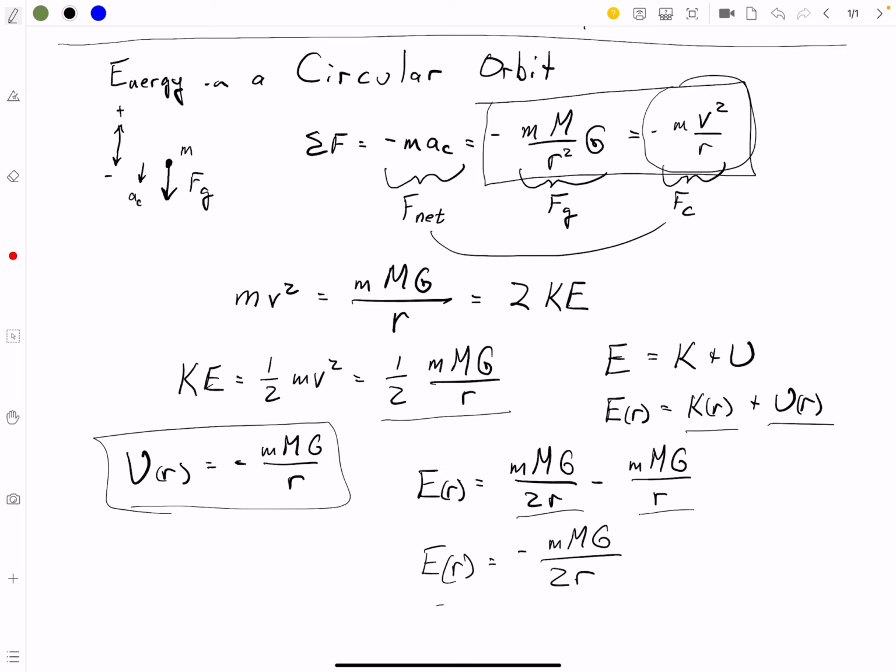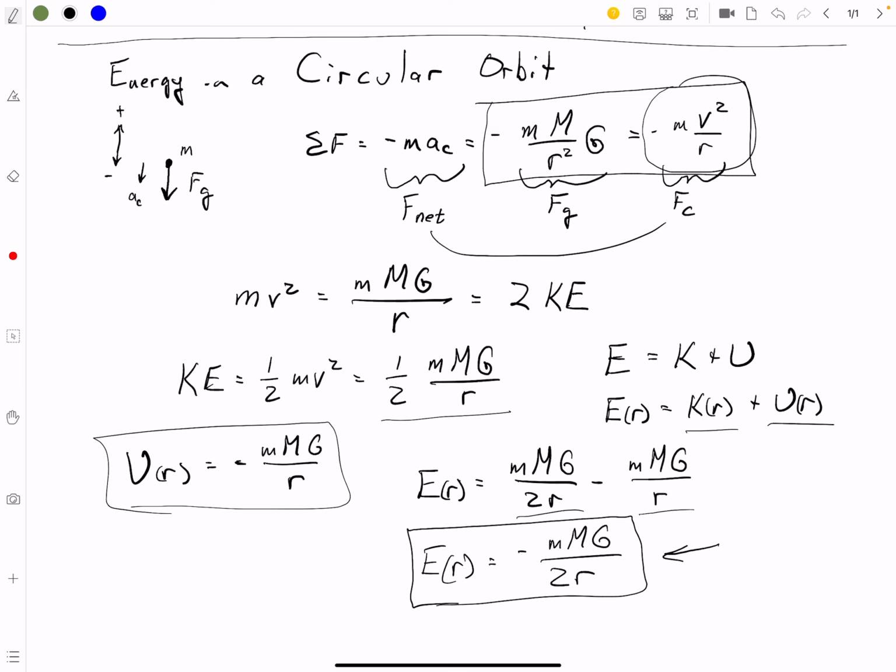And that is our energy as a function of radius. So if you're in a certain radius and you don't have any excess energy, kinetic, you just have your potential energy being in that radius, this is your energy, okay?